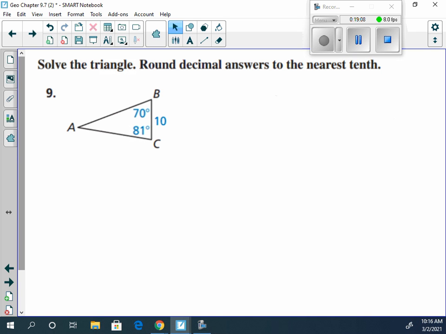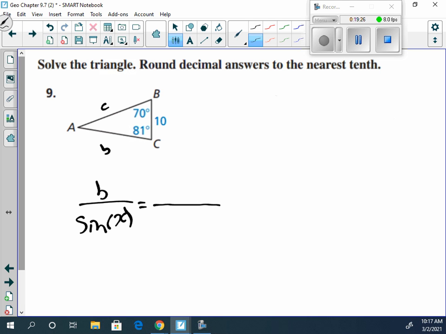Now, it would still work out the same, because we could call this B and C. So here we would do B over sine of 70 is equal to, we would just need to find that angle. 9 would make 90, and then we would just need 29. So it would work out. We would just need to find that angle.